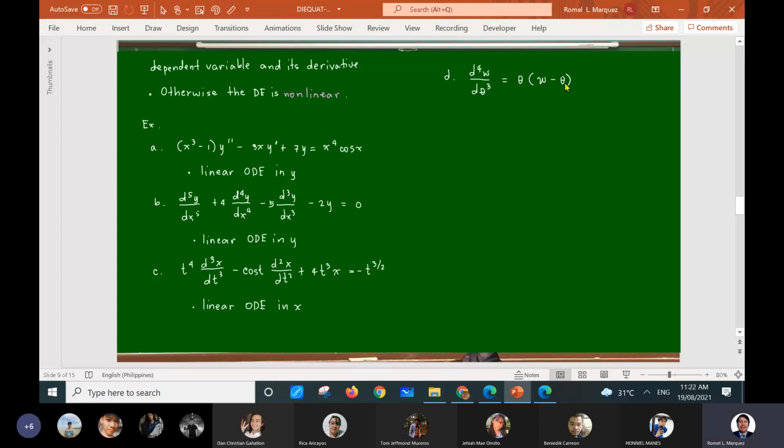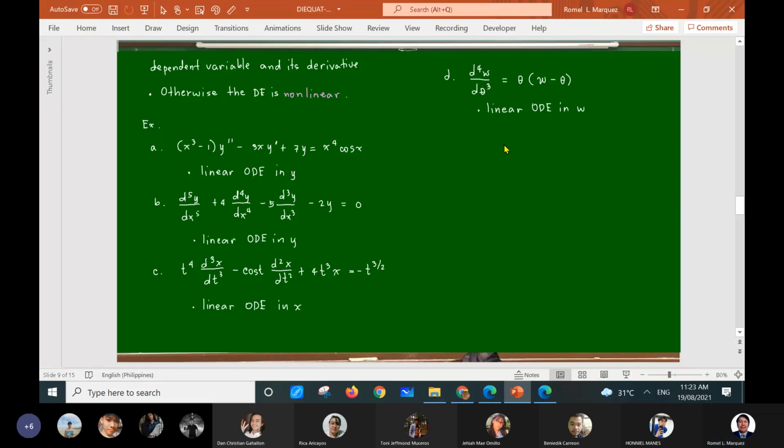What about this? Is this linear? Yes, no? Linear, because if I multiply this, w is multiplied not by a dependent variable, it is multiplied by an independent variable. So linear in w, no? Linear ODE in w. Okay, guys?